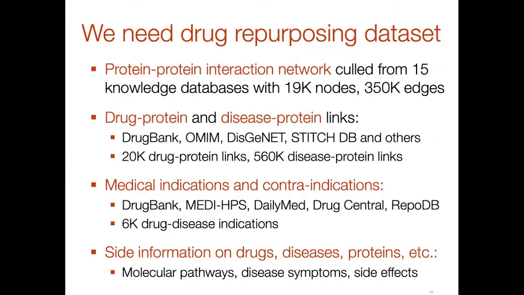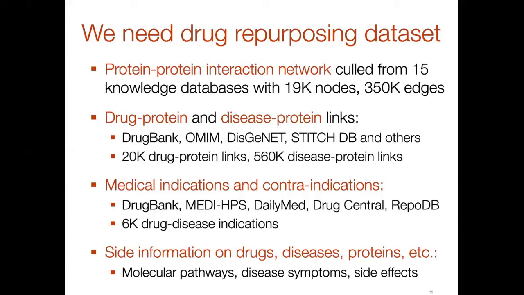So when we developed this approach, the first thing we wanted to do is really understand how well that framework and technology works on data sets and drugs for which we already have some treatments.